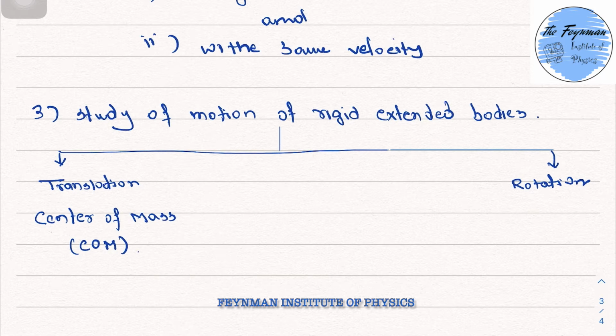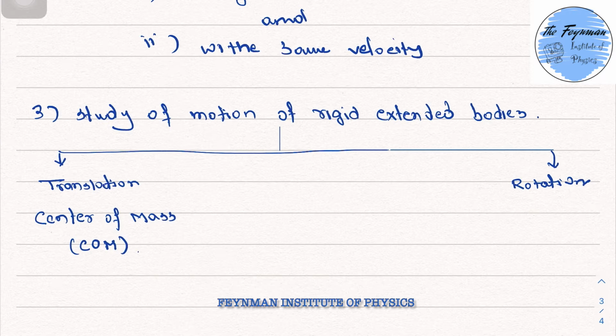Once we find it, we can apply all the laws that we have developed in the previous chapter to this point. But here at first we need to prove that the motion of this point is equivalent to the motion of the body.